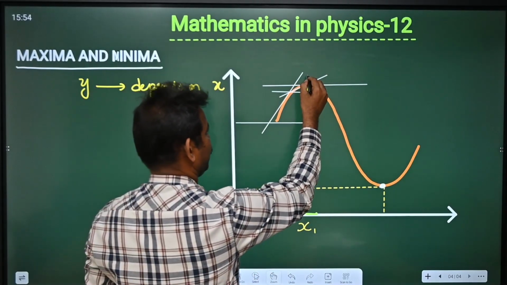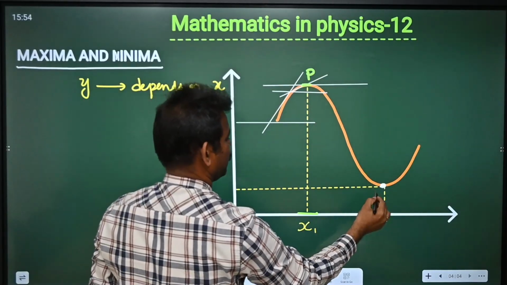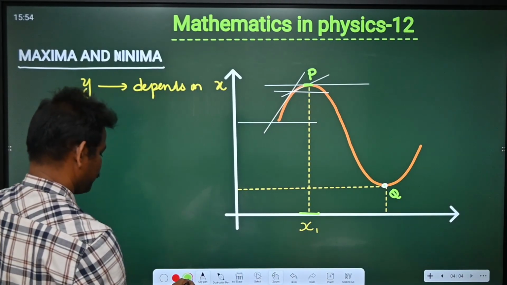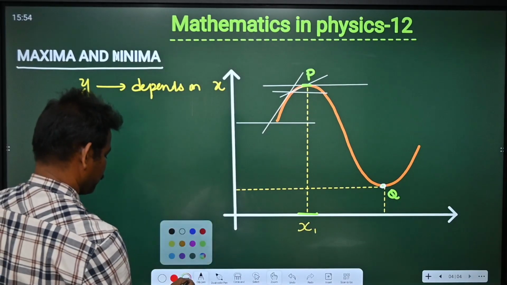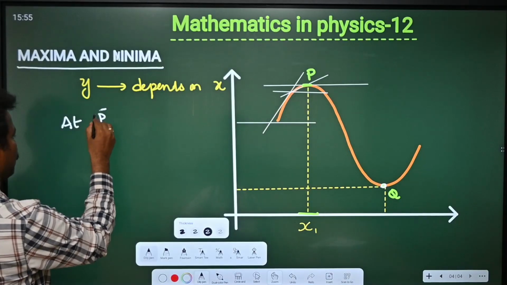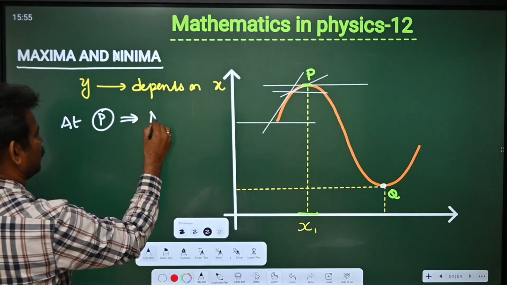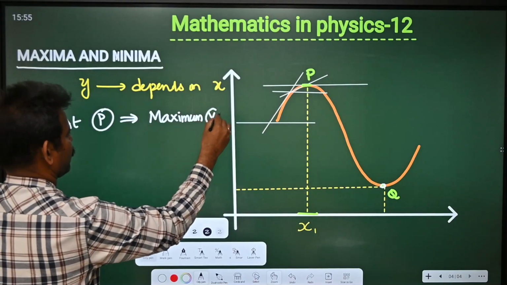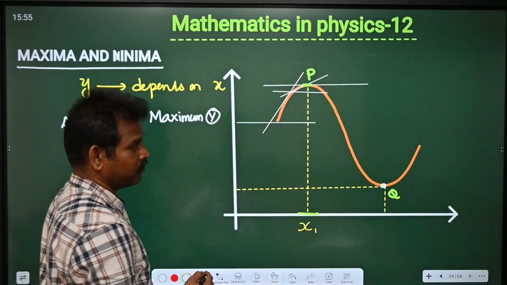So this maxima point, let me take this as P. Let us say this is Q. So at P, it is a maximum y. So this is the corresponding maximum.